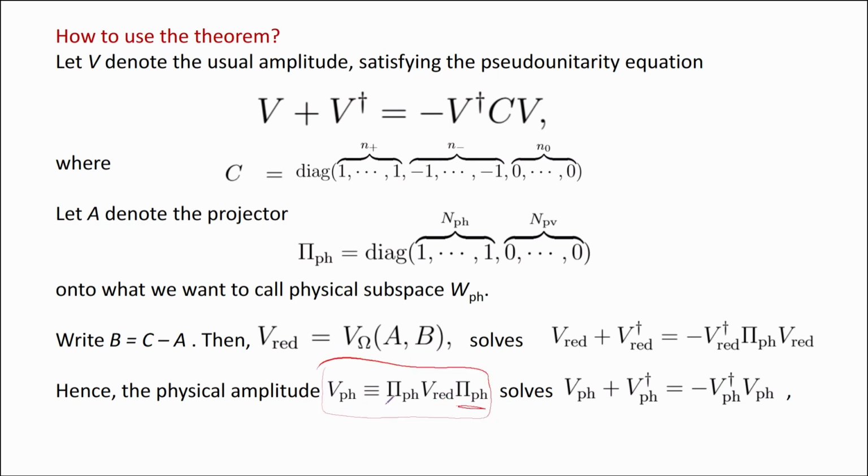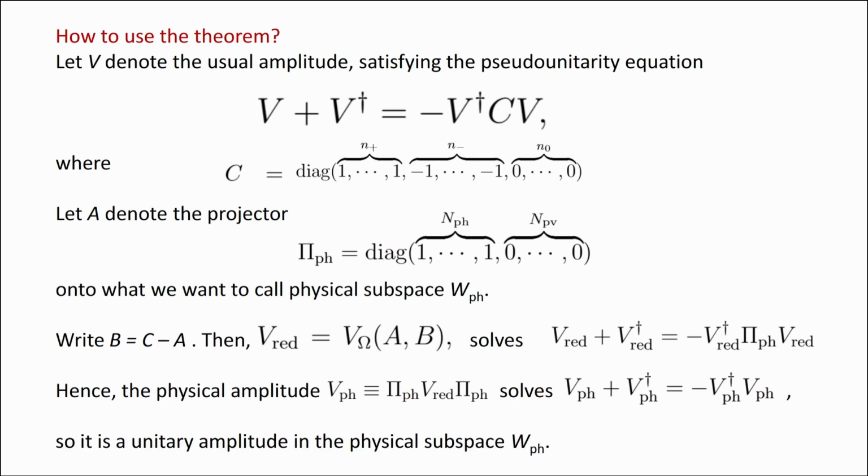If you put the projector to the left and to the right of this matrix that you obtain by applying the formula we have seen, we'll just have the unitarity equation in the subspace, and that allows you to claim that you have found a unitary amplitude V physical in the subspace W physical. So in that subspace you have a unitary amplitude, and in that subspace you have a unitary S matrix.